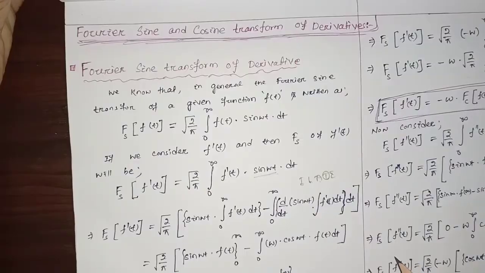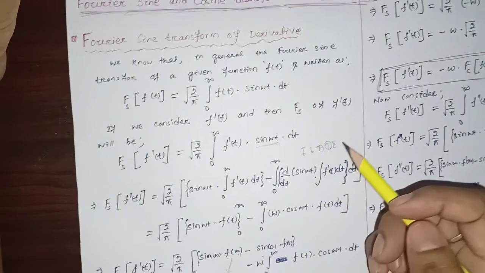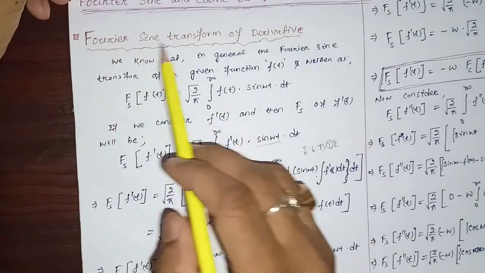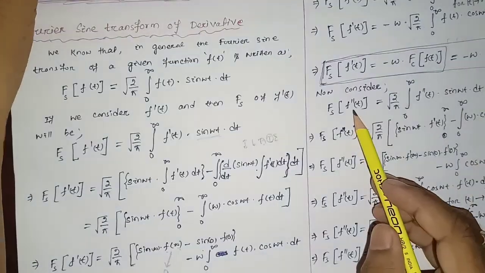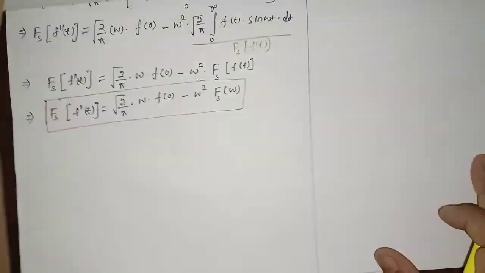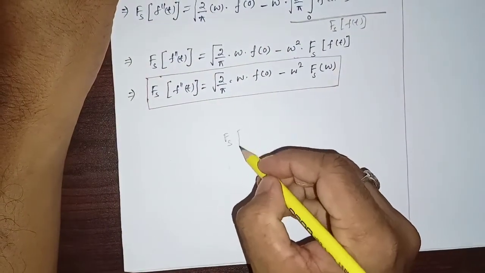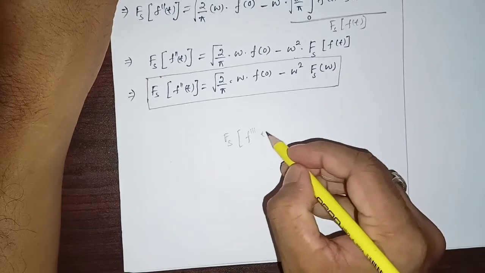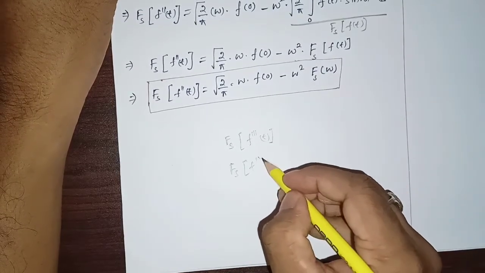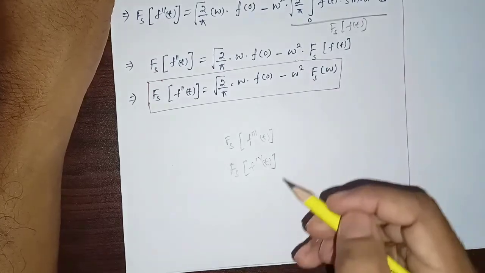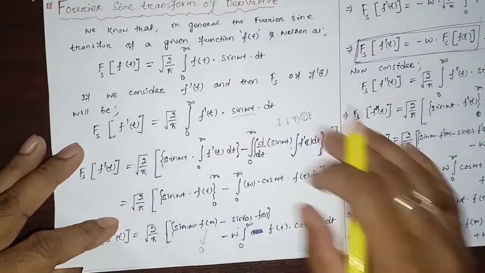Another thing I want to suggest to all of you: in this video we have evaluated the Fourier sine transform of derivative for first order and second order derivative. But suppose in your exam it is asked that you have to evaluate the Fourier sine transform of a third order or fourth order derivative of a function, or any higher order, then you have to follow the same procedure that we have discussed in this video.